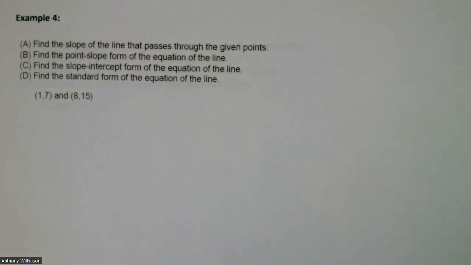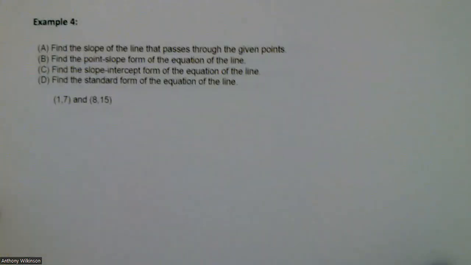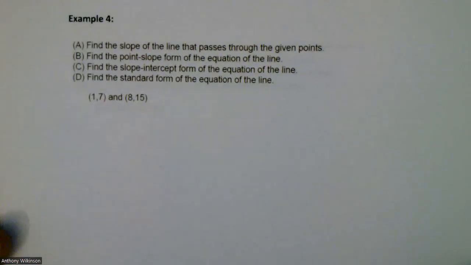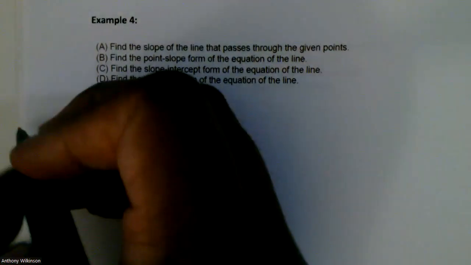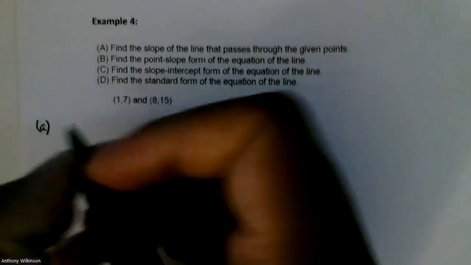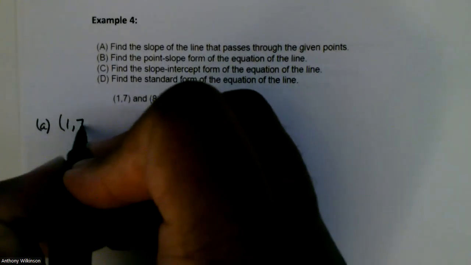So the first thing I'm going to do here is find the slope of this line passing through those 2 points. So this is going to be part A. Now write those points as (1, 7) and (8, 15).